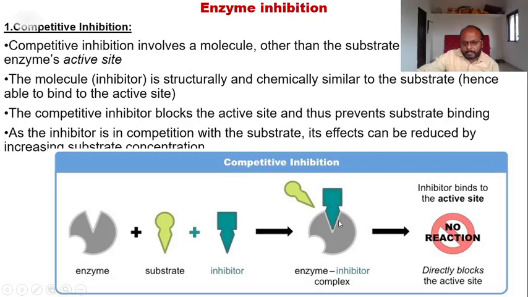When such a complex is formed, there is no reaction, the reaction is blocked, the product is not formed, and this mechanism is called competitive inhibition, because this inhibitor molecule competes with the substrate, and therefore it is called a competitive inhibitor.